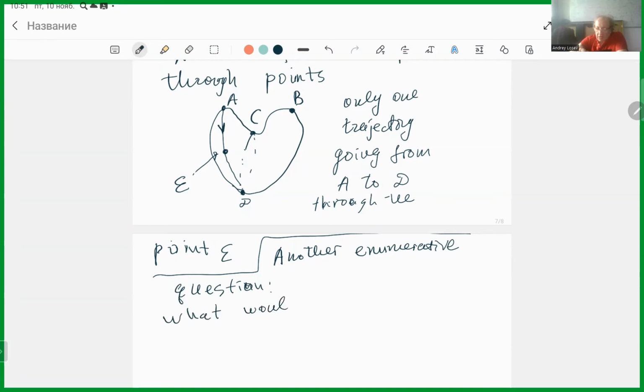What would happen if I move a point E to E prime?